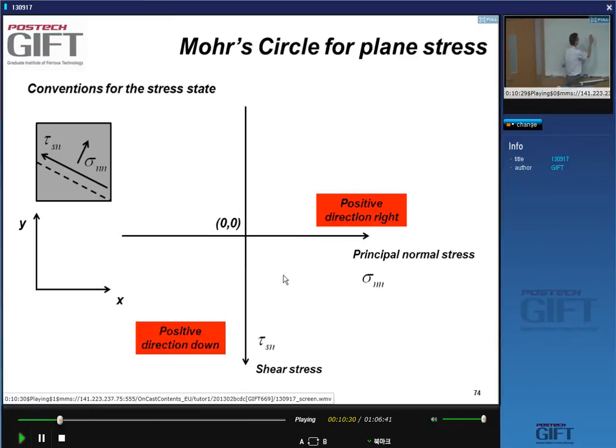So I can find out in what direction I have only tensile stresses, or in what direction I have the highest shear stresses. Okay? So the best way to do this is to give you an example.